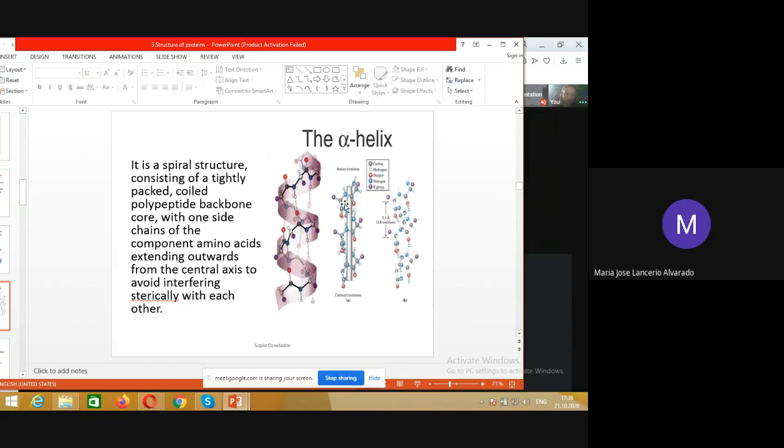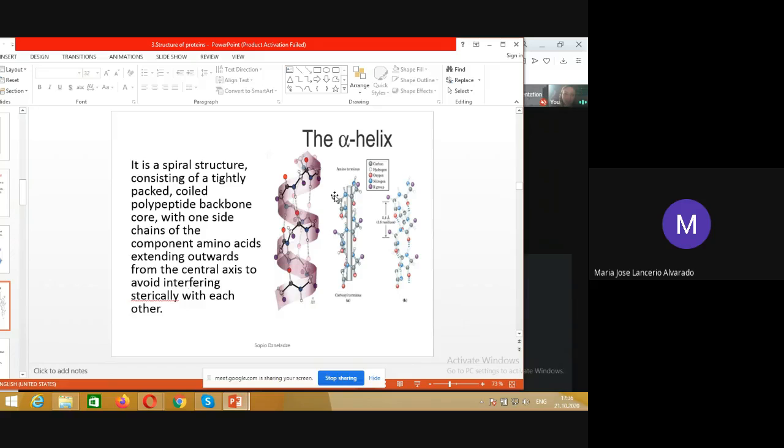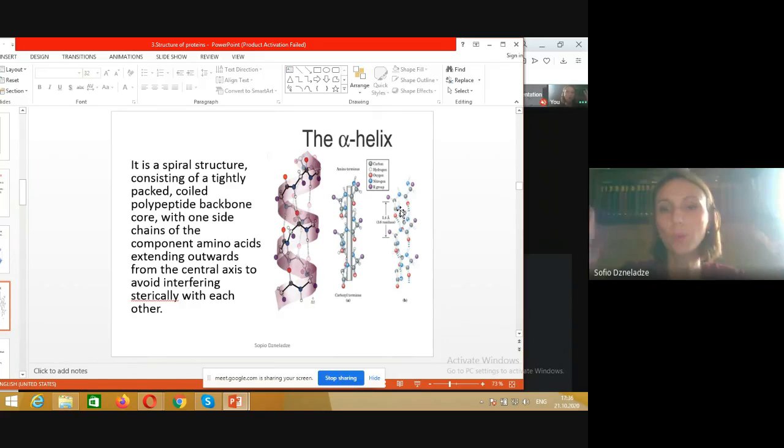It's a core of this polypeptide chain, alpha helix, whereas this is a side chain. So this side chain does not participate in the bond formation. They are extended outwards of this alpha helix, yes?